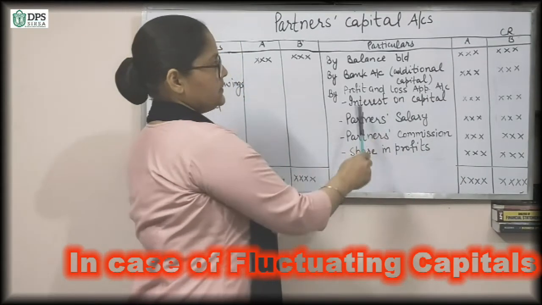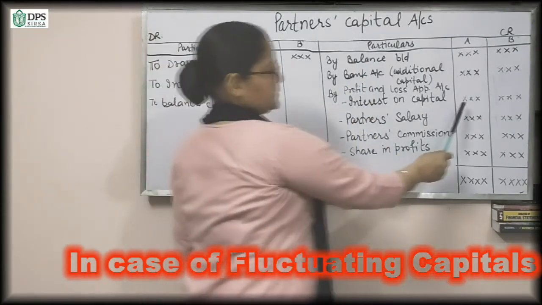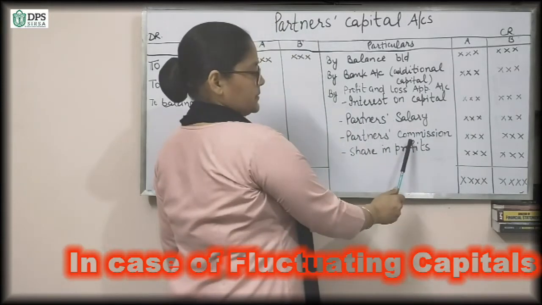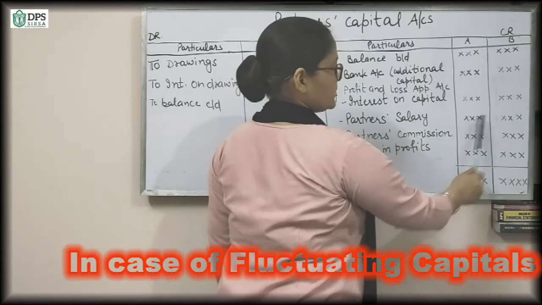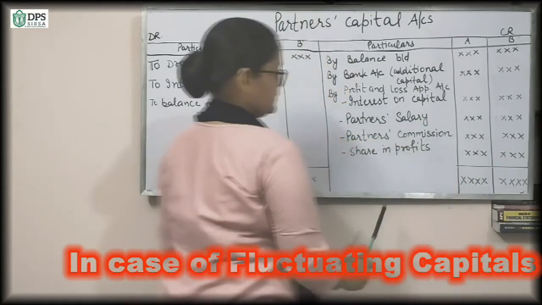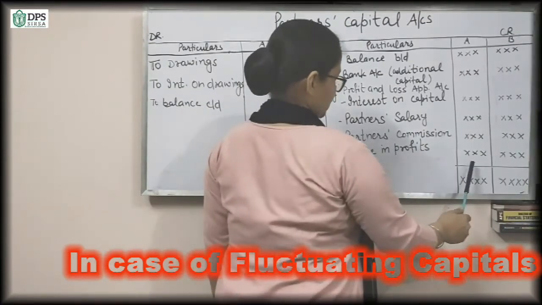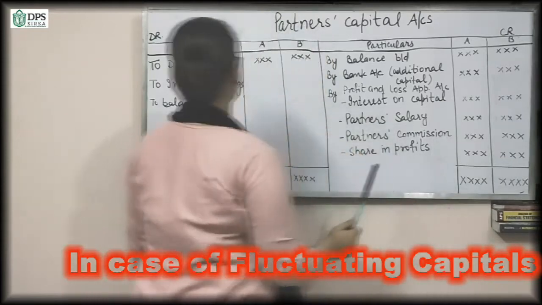All these a partner is receiving from the firm. Salary and commission can be received by both partners or by any one of the partners. According to the question, that will come here, and here the total will come.